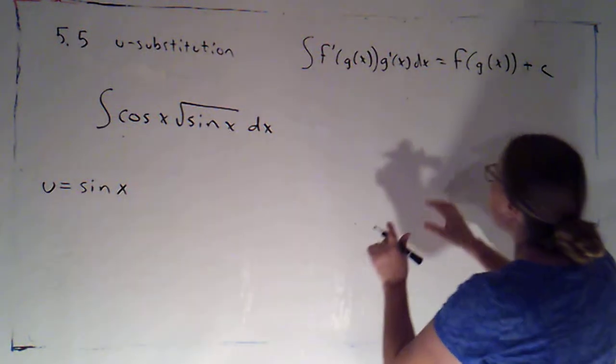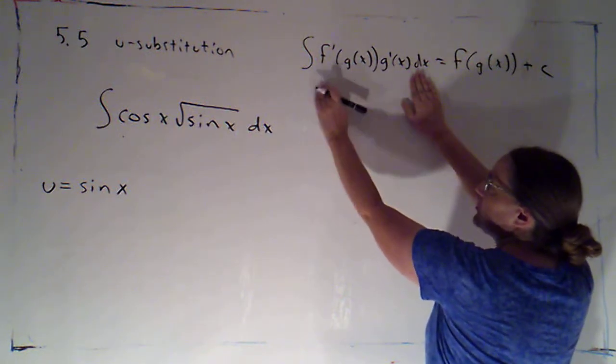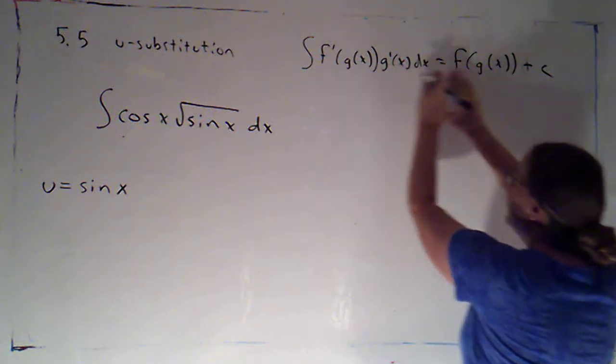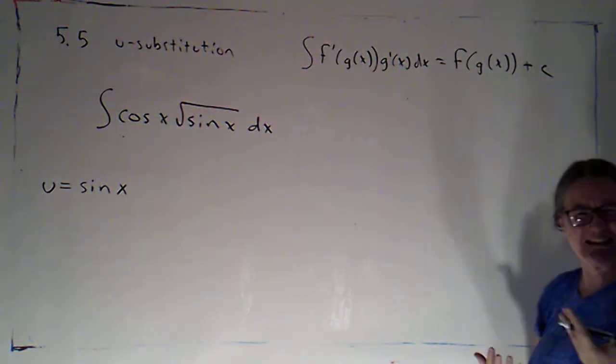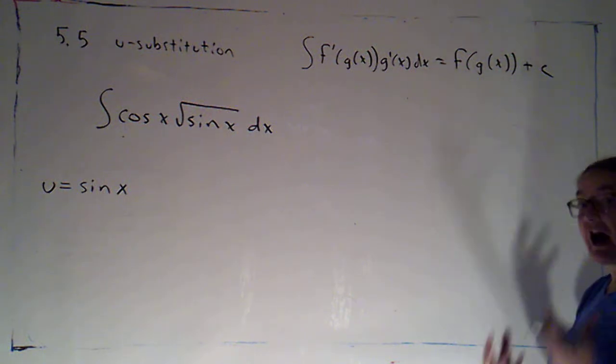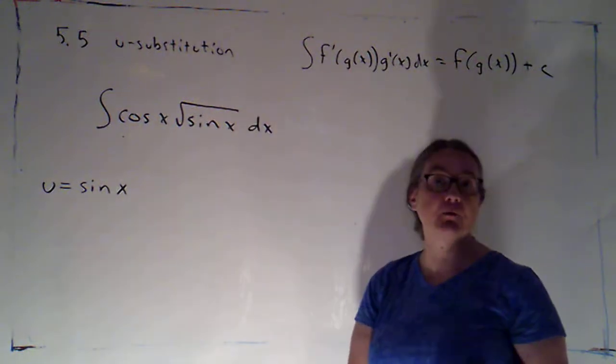Because from looking at the result of chain rule, we were able to figure out sort of what f prime, g, and g prime were. In order to know our answer, we needed to know what f was. So we needed to find an antiderivative of the function we were plugging sine into, of the square root function.